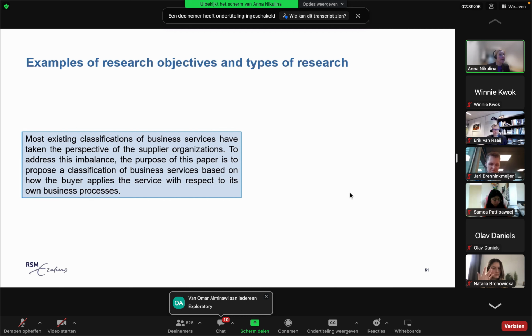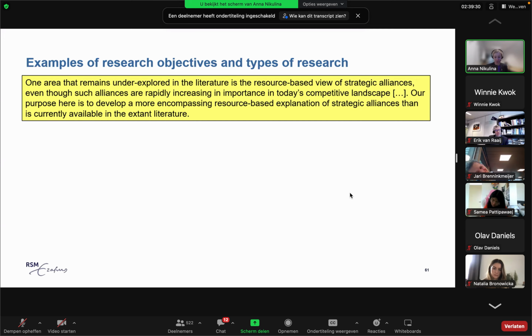Any other? Only one answer. Plus one. Yep, exploratory. Yes, indeed, it is exploratory because your idea is simply to propose a new classification. You are not giving yourself the challenging task of developing any theory further.